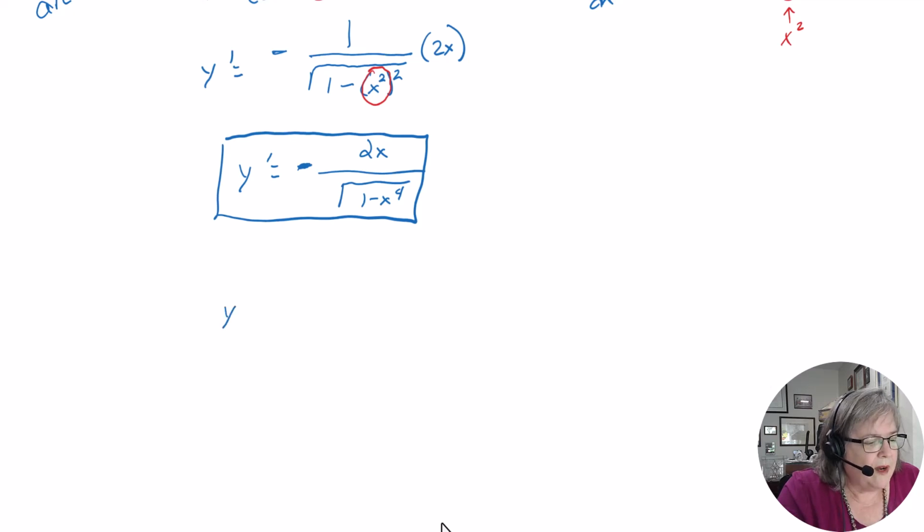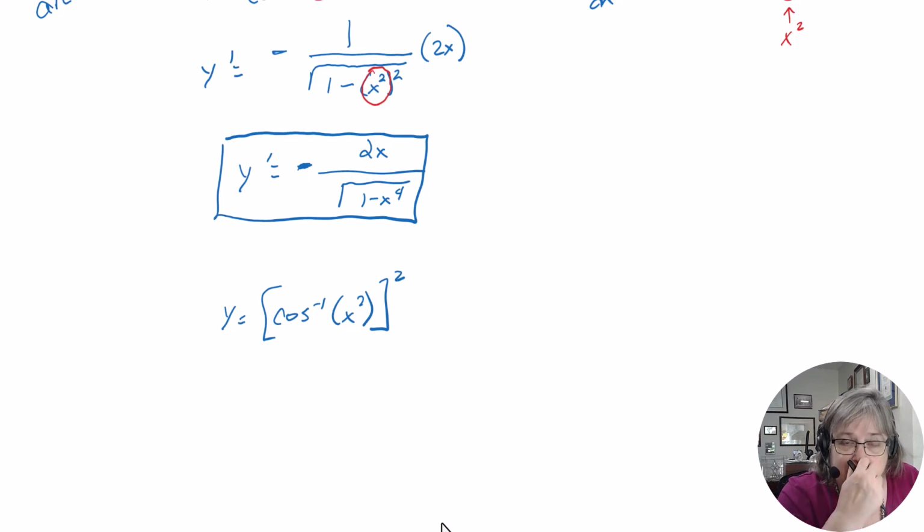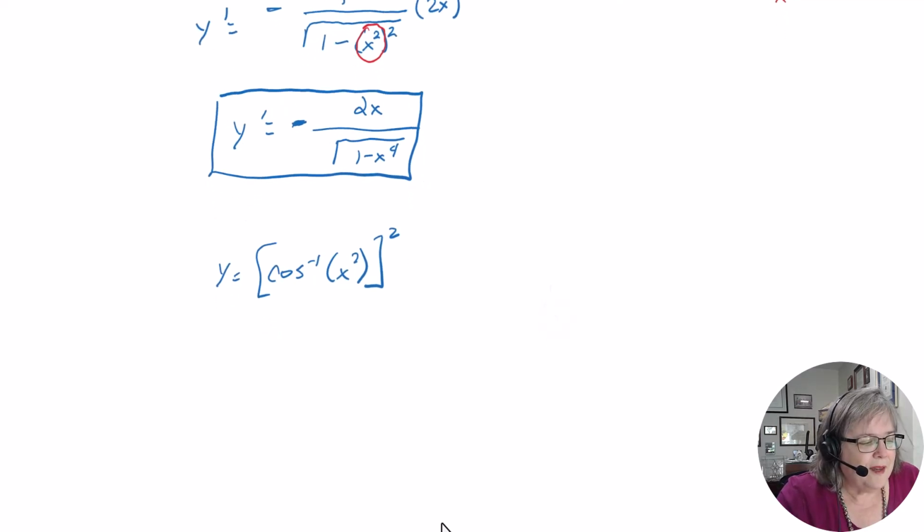Let's do y is equal to the inverse cosine of x squared, squared. Okay, now this 2 does not see that 1. All right, it's not going to make it a minus 2. Here we go.